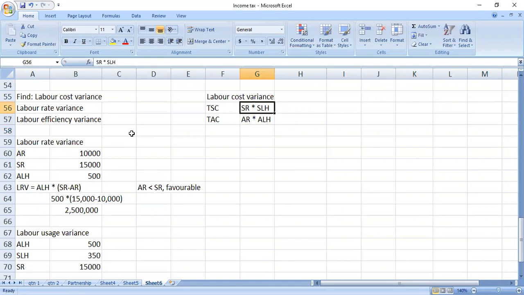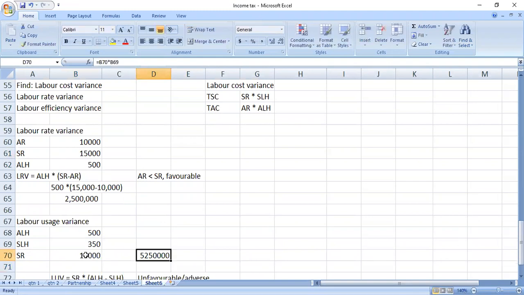So we look at the figures and see which one is bigger. Our actual rate is 10,000, then our actual labor hours are 500, so this is about 5M. Then for the standard, 15,000 times 350. I need to confirm this times that.